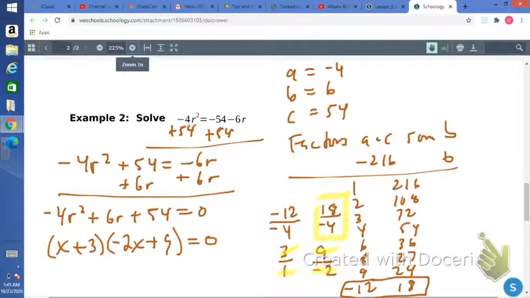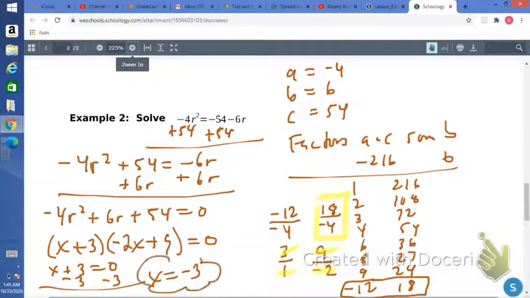Alright, now we want to set both of those factors equal to 0 and solve. So x plus 3 equals 0. Subtract 3 from both sides. So x equals negative 3. There's one solution.